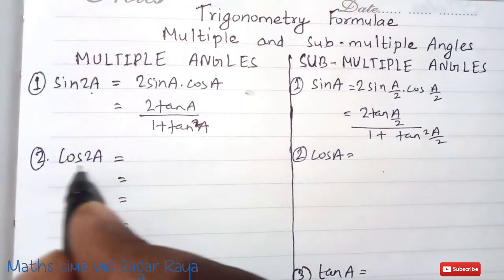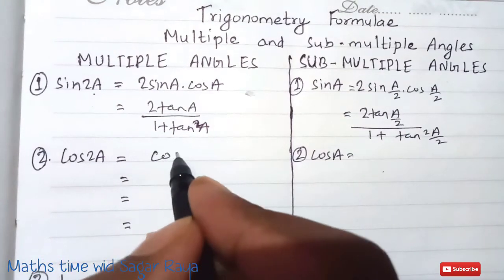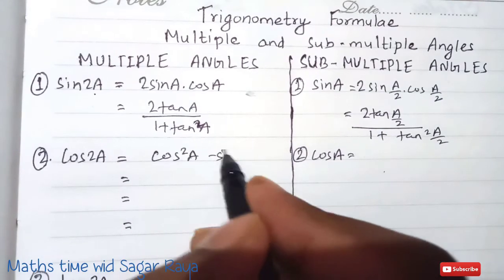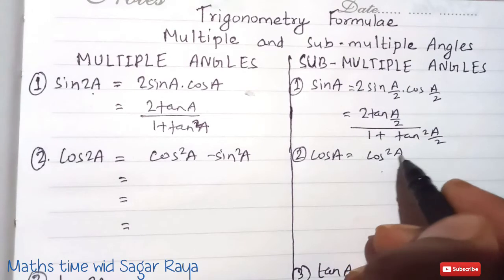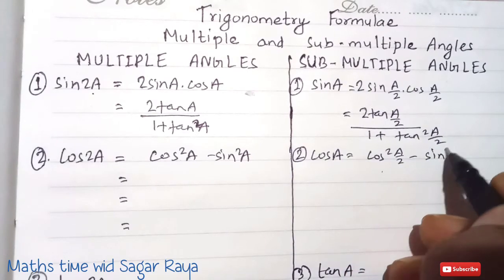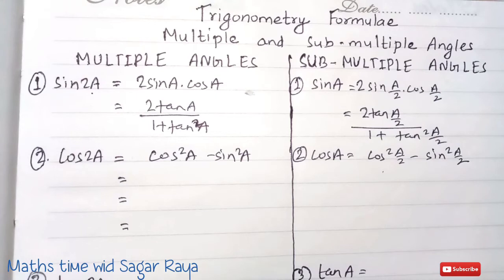Similarly, the formula for cos 2a is cos square a minus sin square a. So here cos square a by 2 minus sin square a by 2.